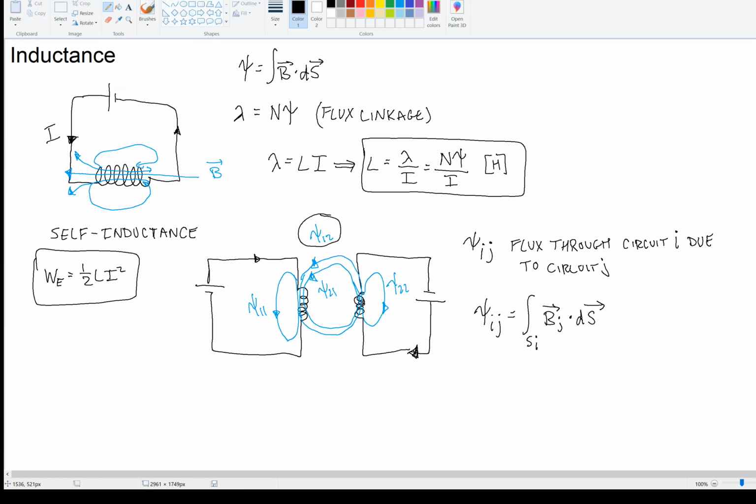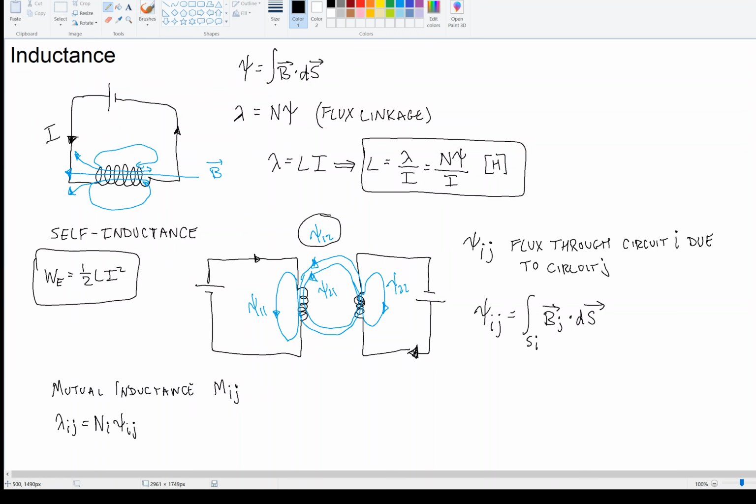Now, similar to what we said up here with inductance, I can define what's called the mutual inductance. Right, so remember we talked about self-inductance up here. So mutual inductance, I'm going to call mutual inductance Mij, and it's the ratio of flux linkage, we'll say lambda ij, which would be Ni times psi ij.